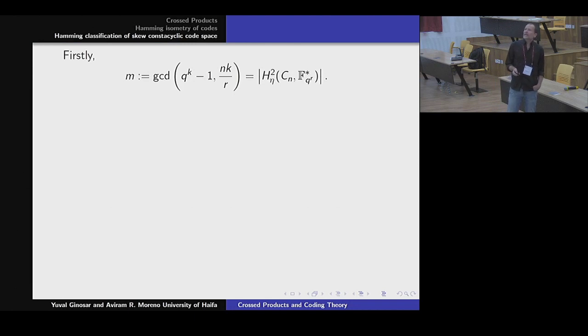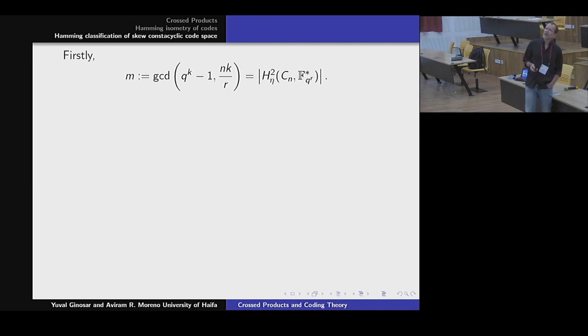So firstly, the size of the corresponding cohomology of Cn with coefficients in the units of this finite field is of order the greatest common divisor of q to the k minus 1, where k is determined by the action, and nk divided by r.